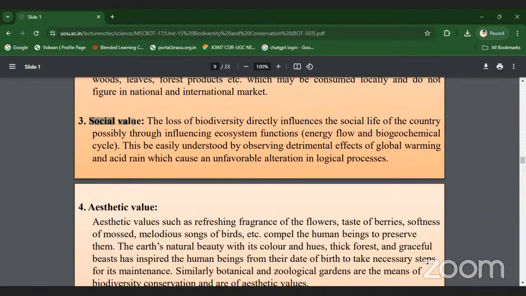Why it is social value: if there is no biodiversity, there is no recycling, no rain, no water. Simple, there is a link. That is our social responsibility.